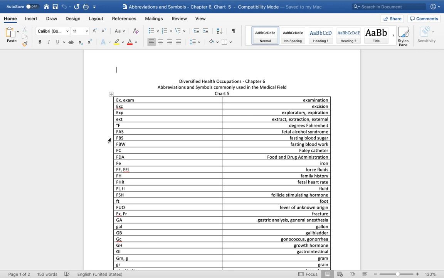Okay. FC, this is a Foley catheter, and I posted a video on this. This is a really common procedure that nurses will have to do in the hospital, and they provided a model, a dummy, to show how it's inserted.